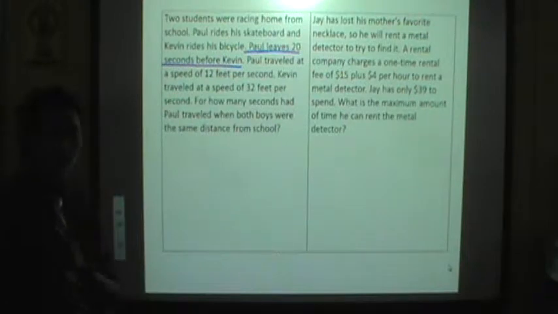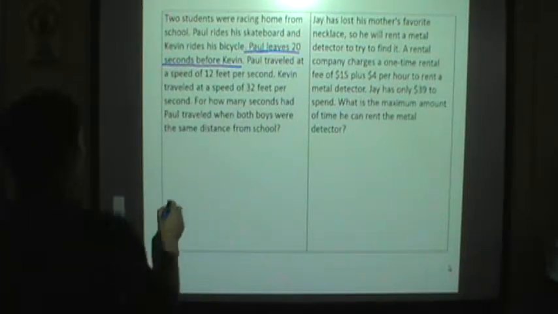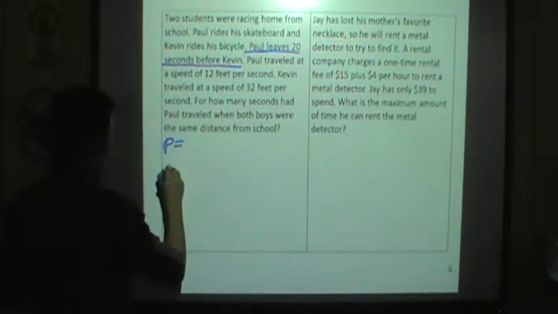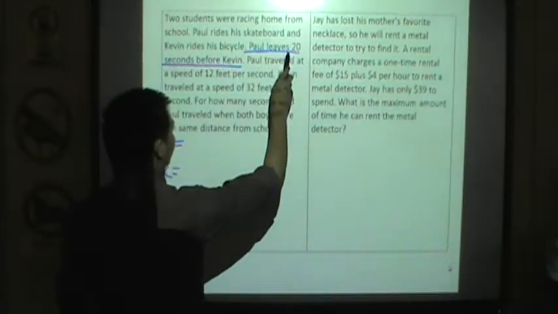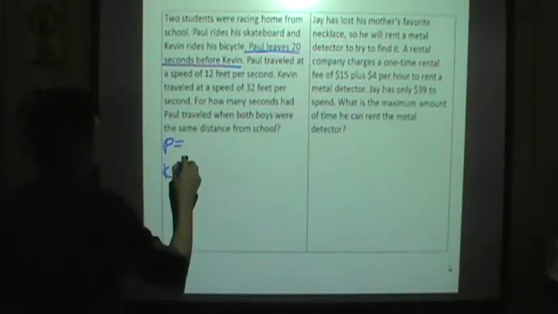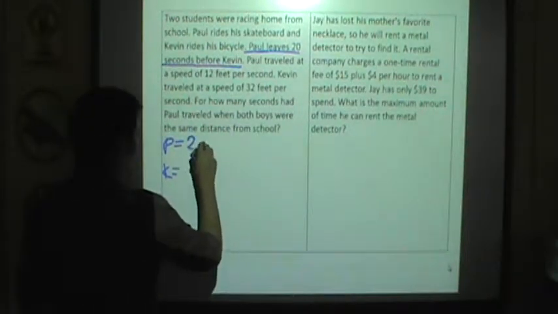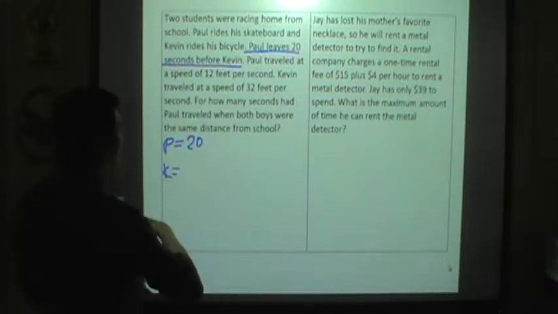What does that mean if Paul leaves 20 seconds before Kevin? Here I'll go ahead and write Paul and Kevin. Because Paul is leaving first, that means Paul is going to get extra time. So 20 will be given to Paul because he is leaving earlier than Kevin.